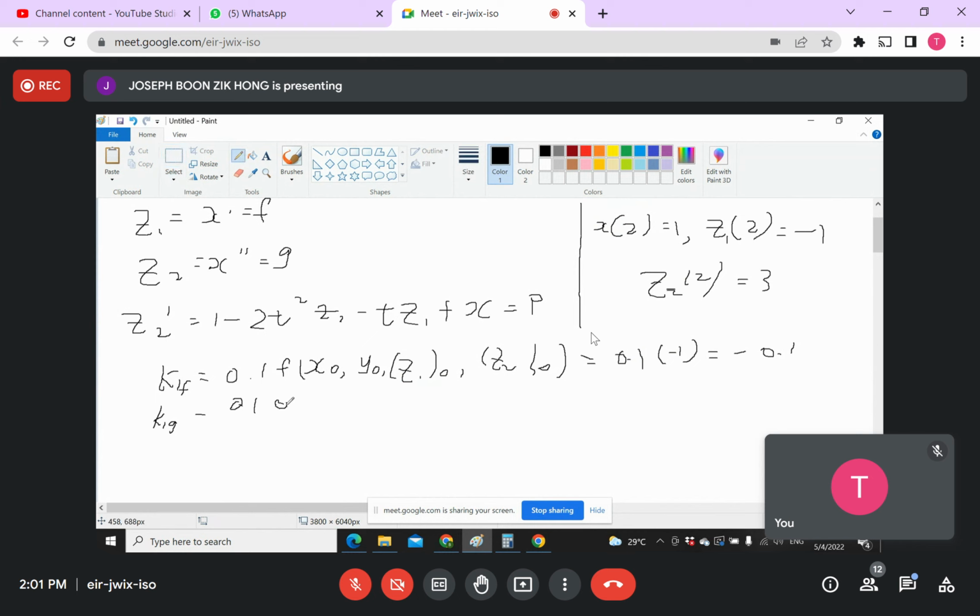It will be 0.1, but what I know, G is Z2. That means it will be Z2 naught, which is 3. So G is 3, and this one will be 0.3.